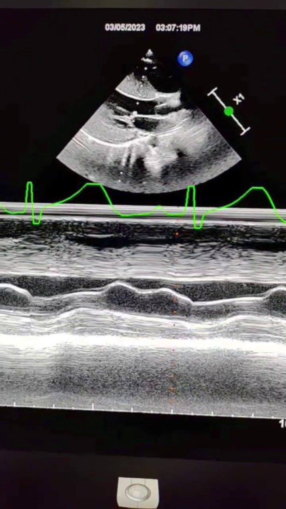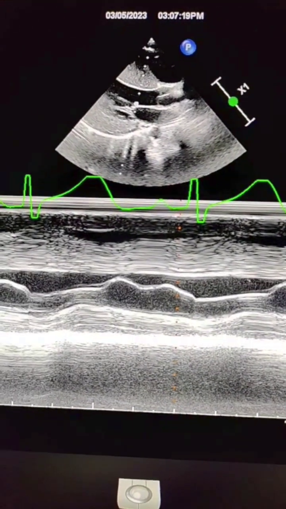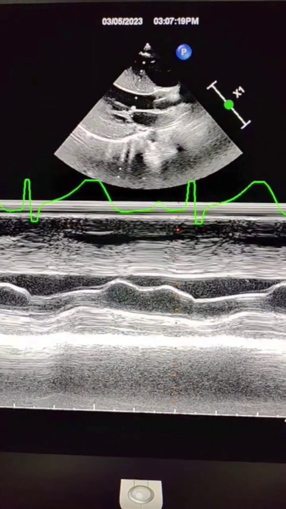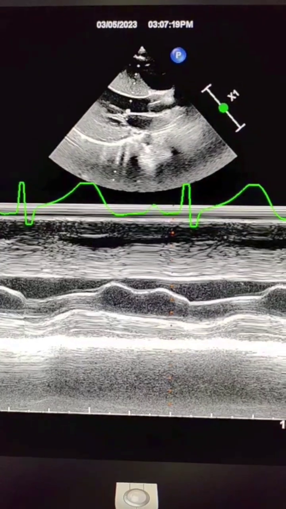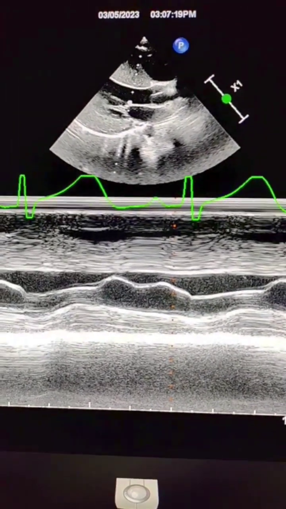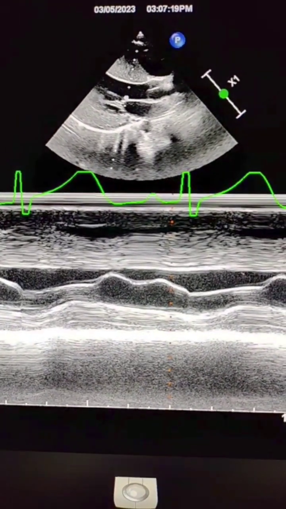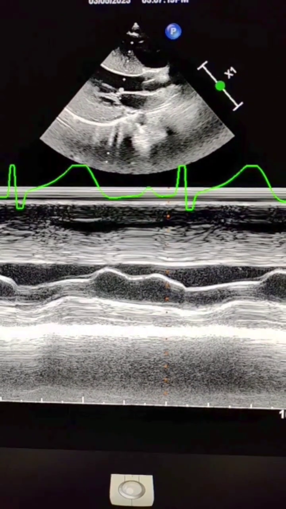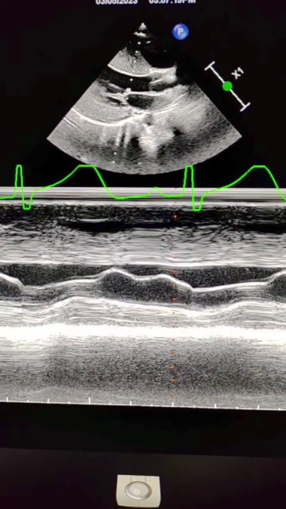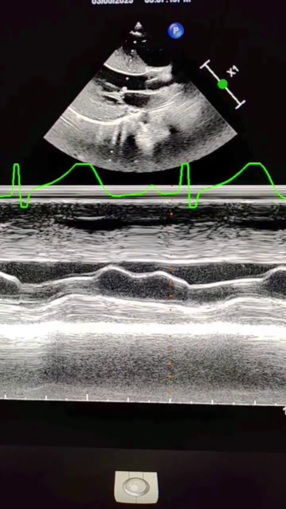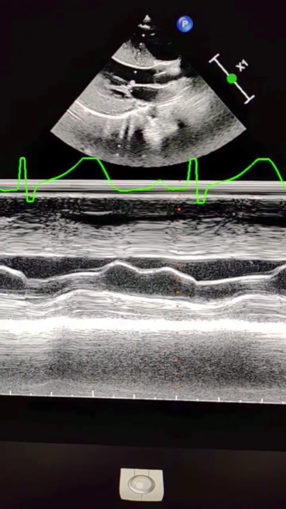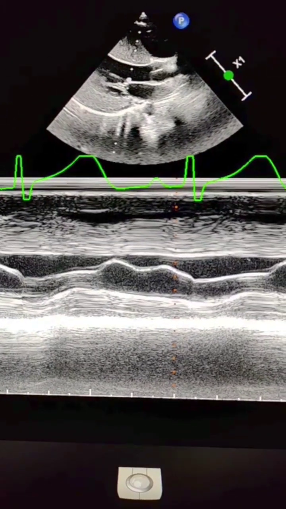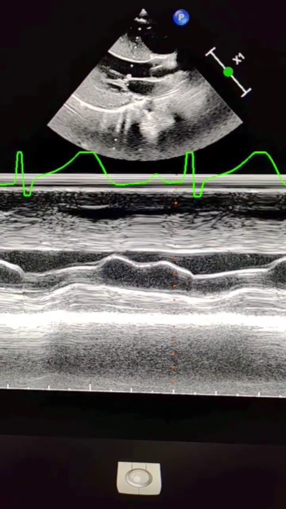This is the M mode of the parasternal view, and you can see in systole the AML is nearly touching the IVS. This is systolic anterior motion of the AML. There are 3 grades, and this is nearly grade 2. Gilbert has given the 3 grades of SAM.